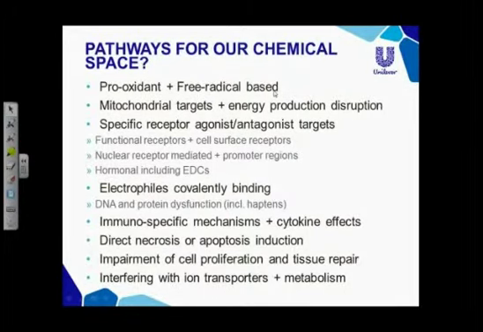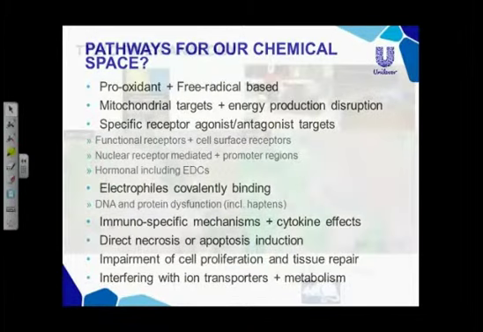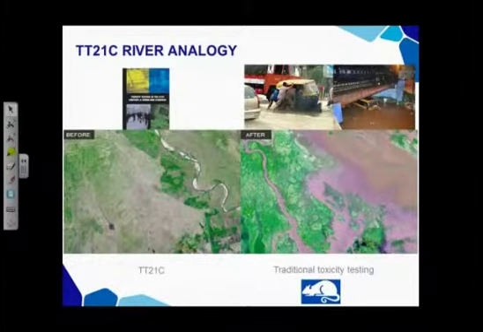Are we really considering how those sort of chemical agents are dealt with in a normal cellular system? Mitochondrial toxicity is important. How do things actually affect different receptors, whether agonists or antagonists? And we could start to build up a picture of how these things might actually be affected.